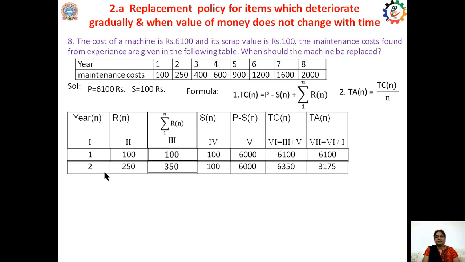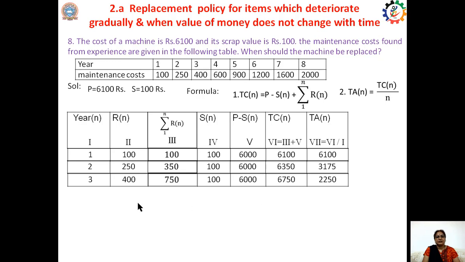Then divide that by this value, so you get 3175. Similarly, for the third year, R3 is 400. You can make out here, 400. Add this previous value and this value, 750. Then 6750 because 6000 plus 750, and then divide 6750 by 3, the first column value. 6750 divided by 3 will give us 2250.